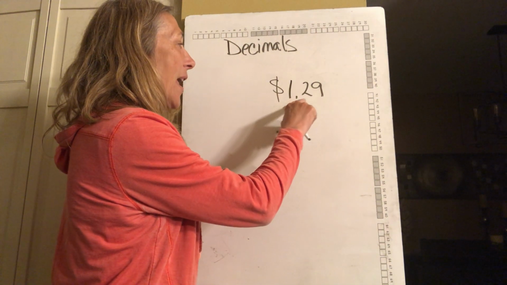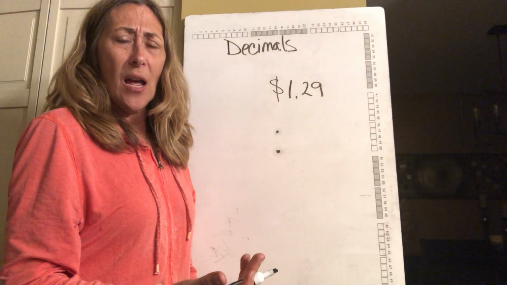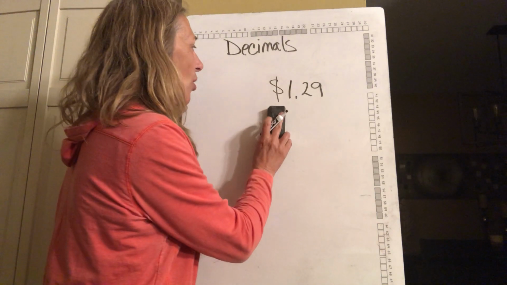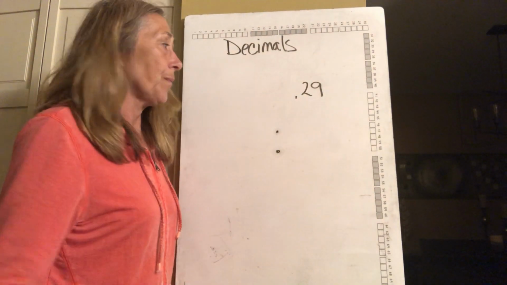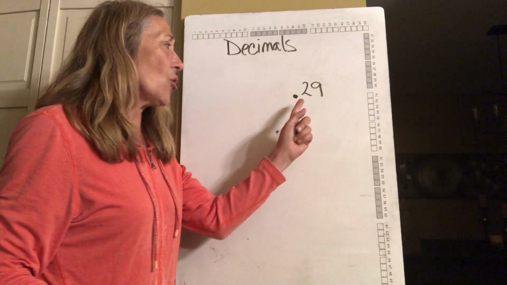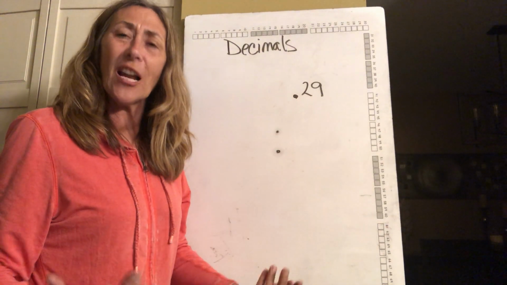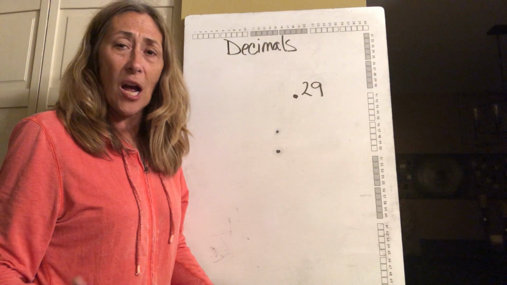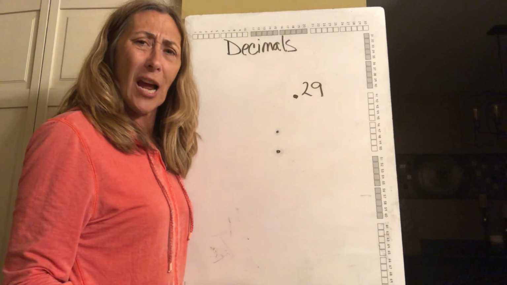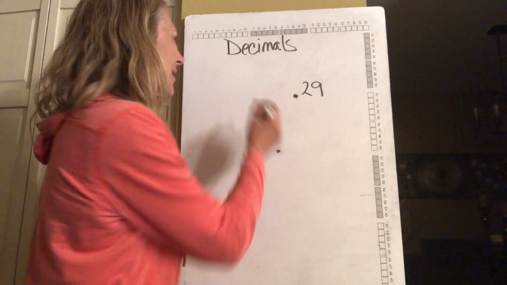So this is 1 and 29 out of 100 cents. If I took away my dollar, I don't have any wholes, and I have 29 cents, or 29 hundredths. 29 out of 100 cents. So 29 hundredths is how I would say that.